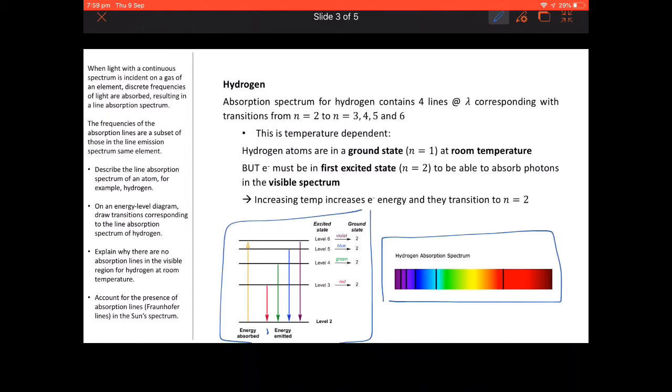By increasing the temperature, we're increasing the energy of the electrons so that they transition to the first excited state, n=2, and then they're able to absorb wavelengths of the visible spectrum.